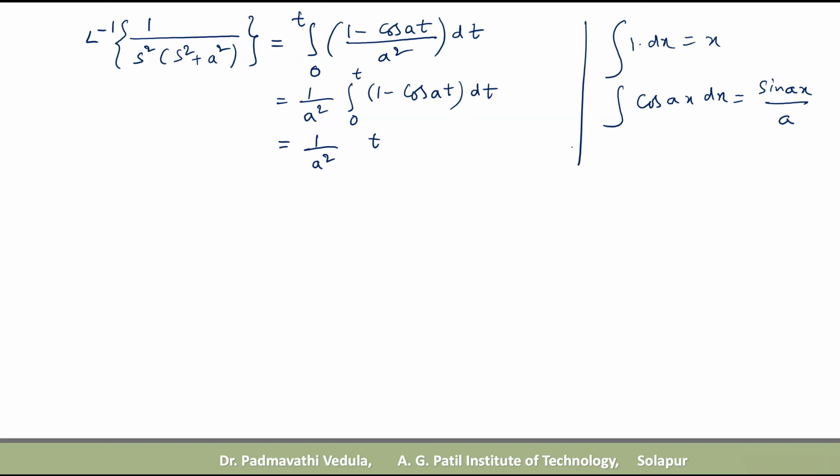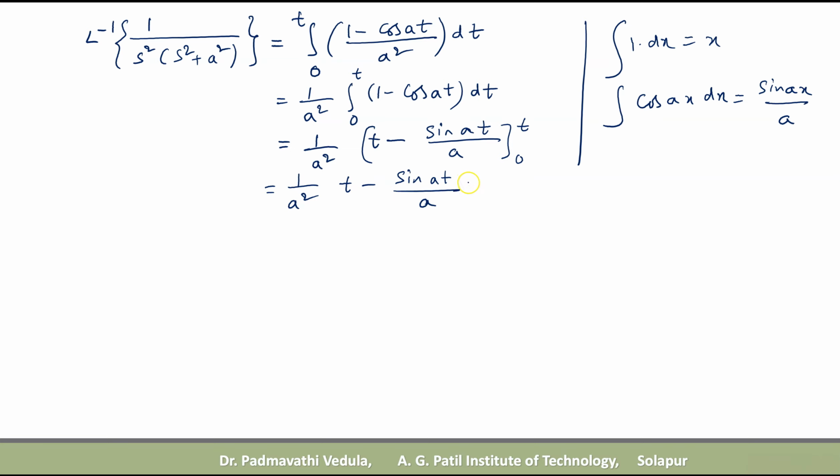So when you apply that formula, here the independent variable is t, so the integration of 1 is t minus the integration of cos at, which is sin at upon a, under the limits 0 to t. That is 1 by a square into t minus sin at upon a.